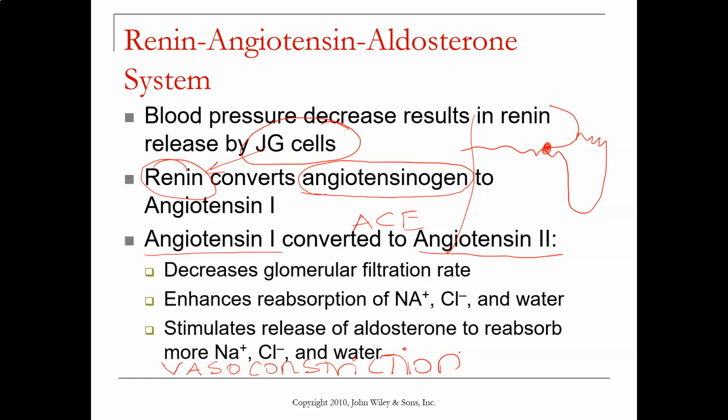It raises resistance and increases your blood pressure. So that's how your kidneys play a role in increasing blood pressure by releasing renin, which really starts the whole pathway of converting angiotensinogen to angiotensin 1, and then other organ tissues convert that to angiotensin 2.